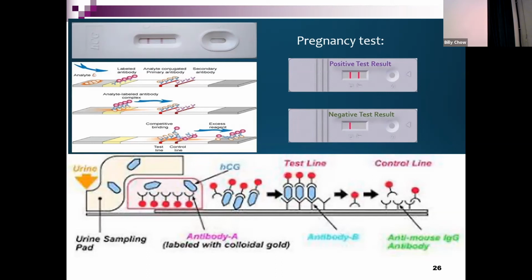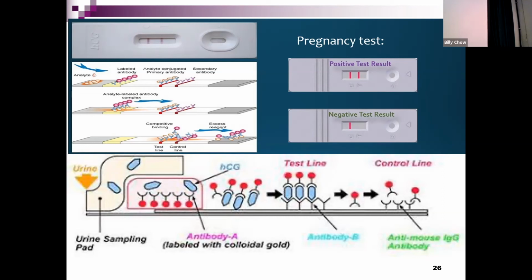And in the test line here, you will have another antibody that can recognize the HCG, and this is a direct sandwich ELISA. So you will see the red color, the labeled primary antibody forming this line here.